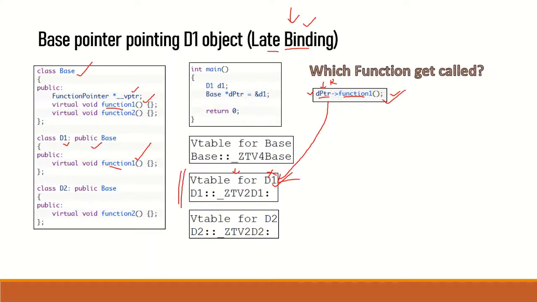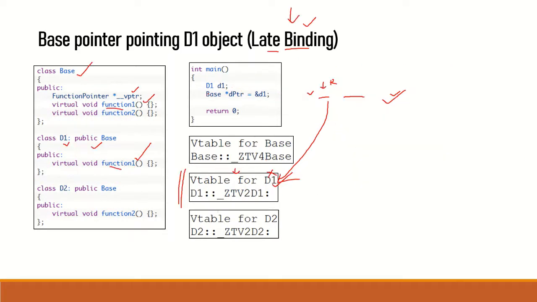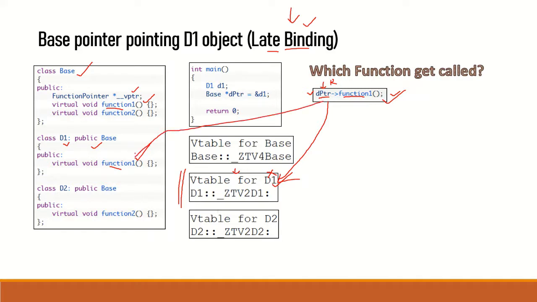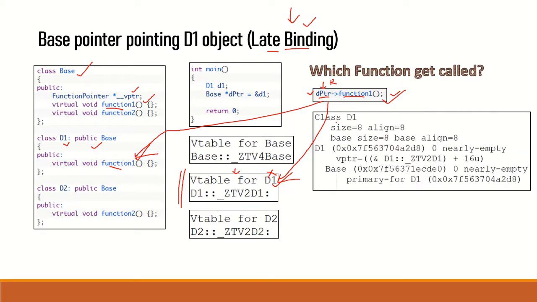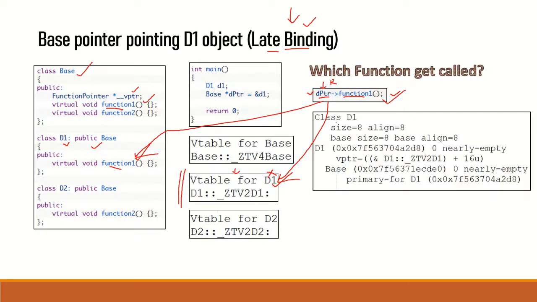The D1 virtual table for fun1 has the entry of D1, so it's going to call the function from the derived class itself. Okay, I hope the idea is clear here. This is called late binding.